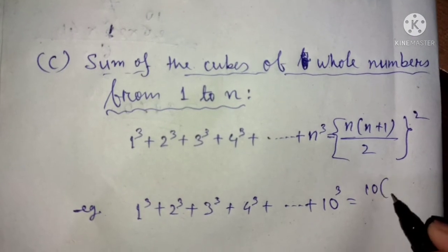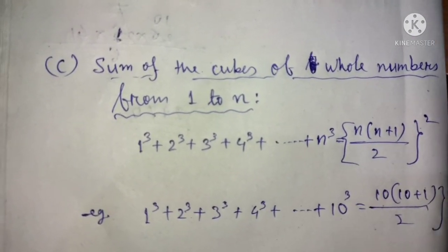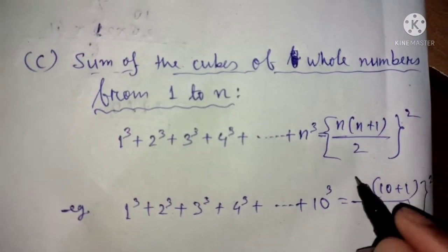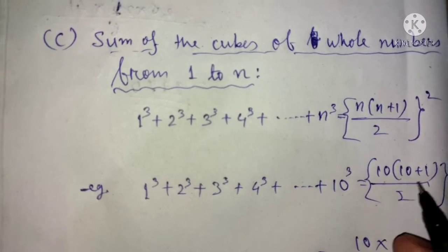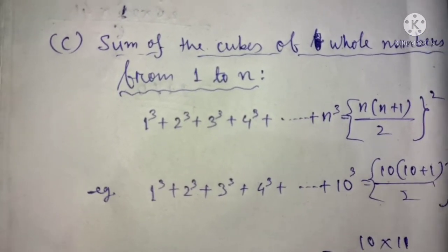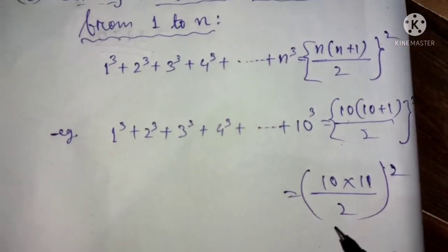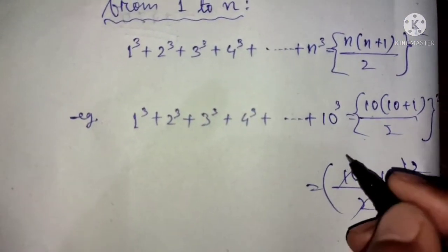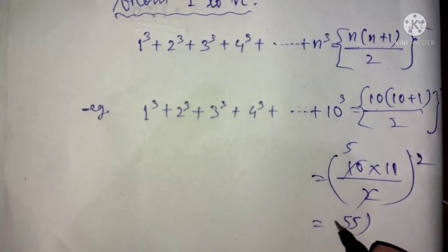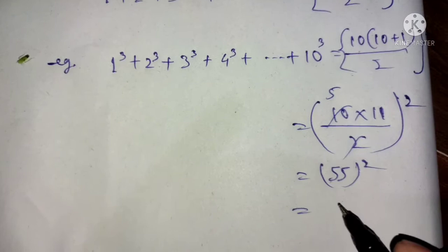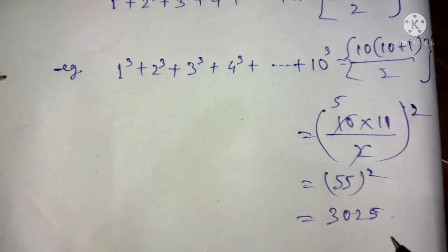So 10 into (10 plus 1) divided by 2, whole square, we need to write. Then this is equal to 10 into 11 divided by 2, whole thing square. So you can cancel 2 and 10, then 5 and 11, it is 55 whole square. This is equal to 3025 if you calculate.